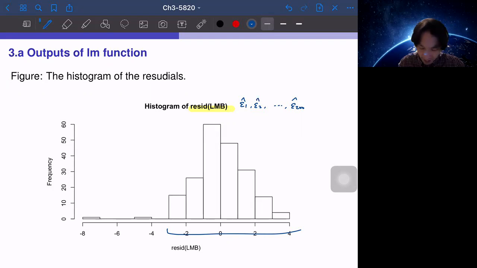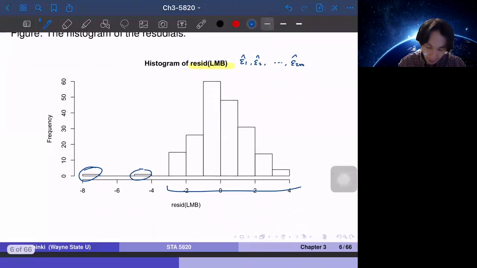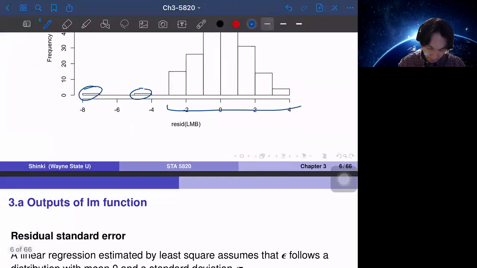So slightly heavy-tailed distribution than normal. But I think that these observations are extreme. So the two observations. If residuals are normal, then almost we never see the -4 or -8. So some outliers.